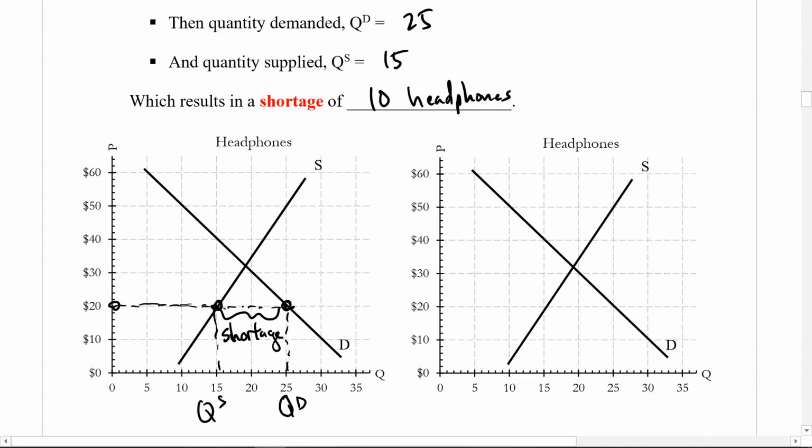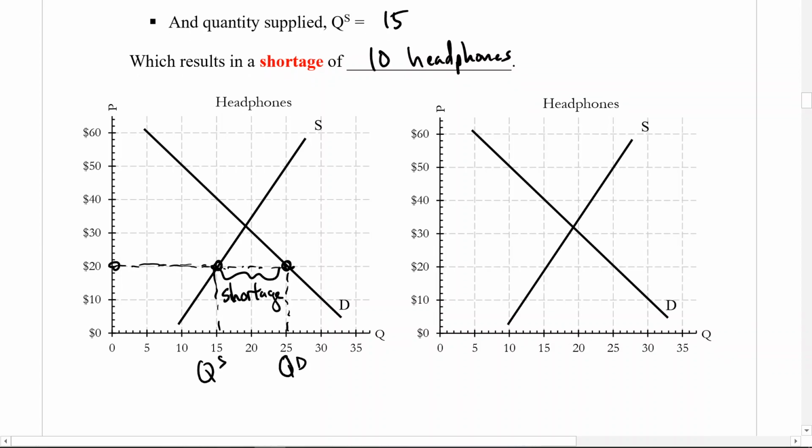In the same way, if there's a shortage of things, the sellers can't keep them on the shelves. They're flying off the rack. Sellers are going to start to increase the price. So we have the initial shortage here. They increase the price a bit, and if they increase it to say 25, there's still going to be a shortage of this area in between here.